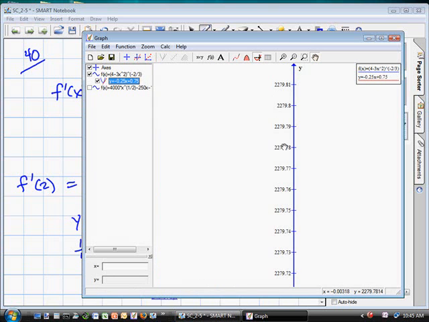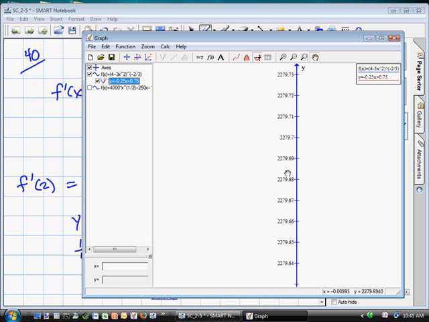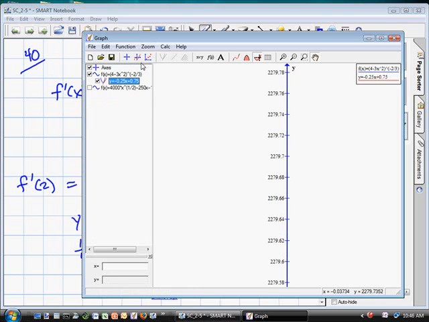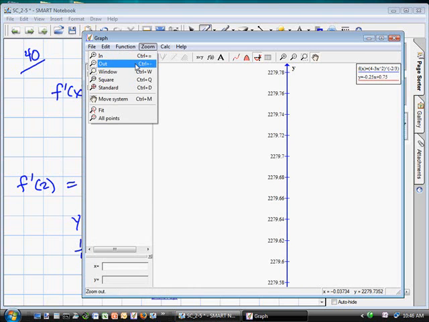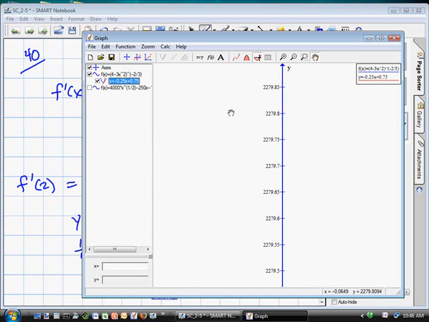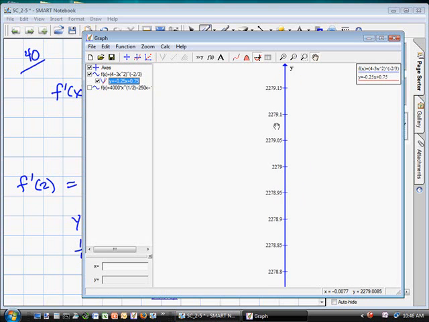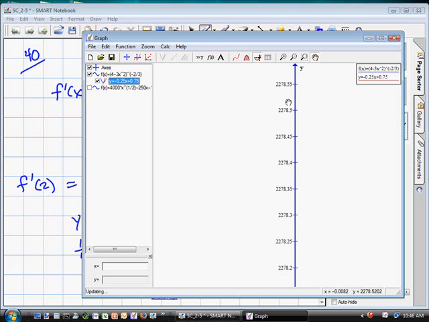I can't remember how to reset the axes. I don't know, that's not doing much either. Well, I gotta just, boy, that's gonna take forever.